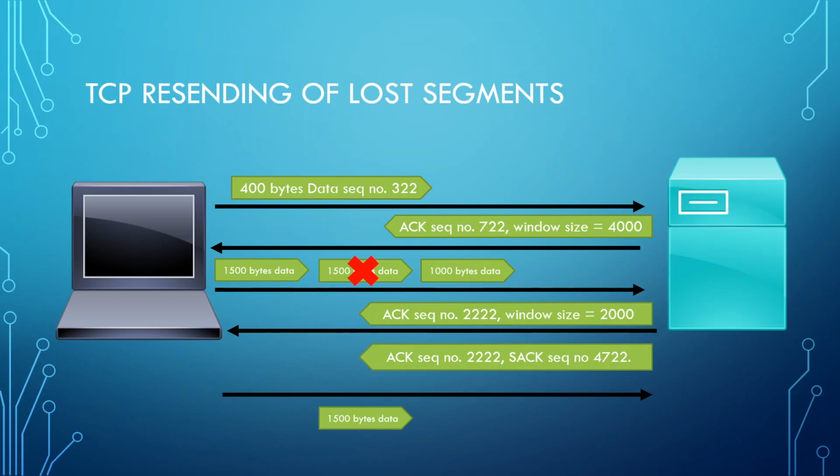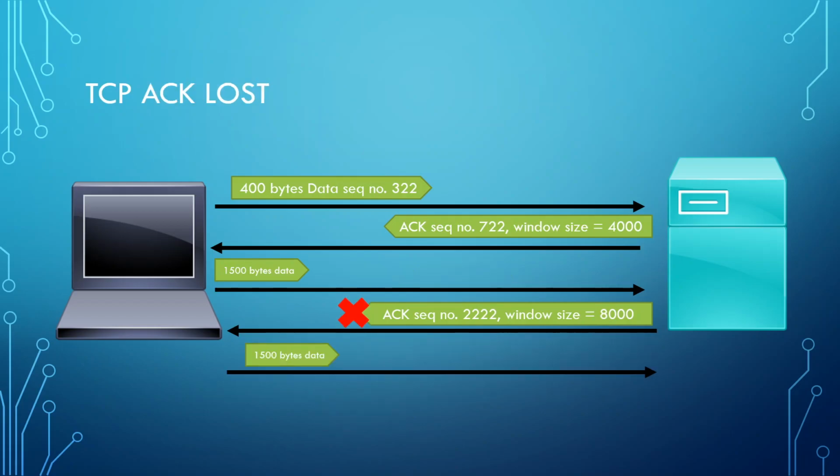Eventually, after a few duplicate acknowledgement packets, the client is going to retransmit that second packet. And then when the server responds with an ACK message, it's just going to list the ACK number as 4722, meaning I've received all the data you've now sent to me. You can now start sending some new packets.